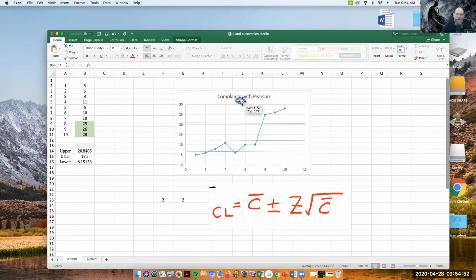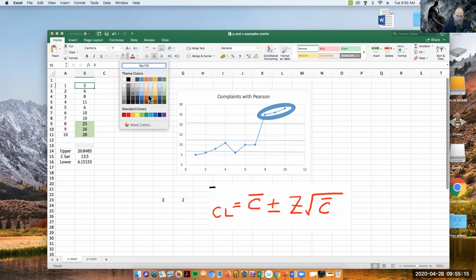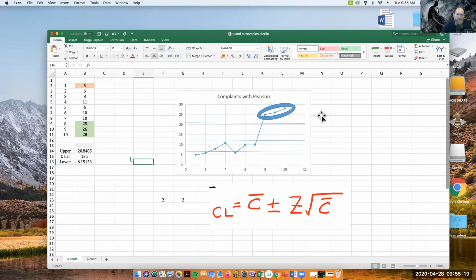And I am okay if you just do this kind of thing. And then going back through and saying the lower side, that would be anything less than 6.15. And I just really have this right here. That's a little bit low.